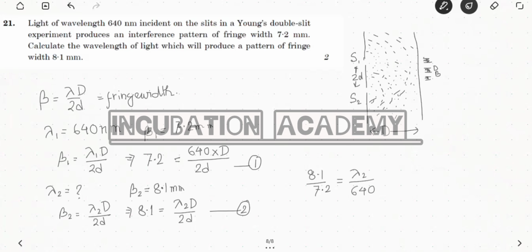So from here you have to find the value of lambda 2. Lambda 2 is equal to 8.1 divided by 7.2 multiplied by 640, that is 81 divided by 72 multiplied by 640.